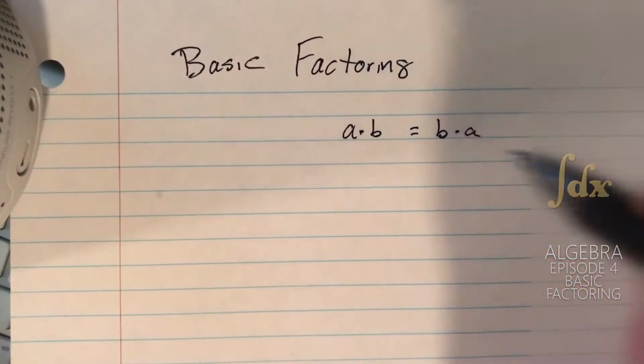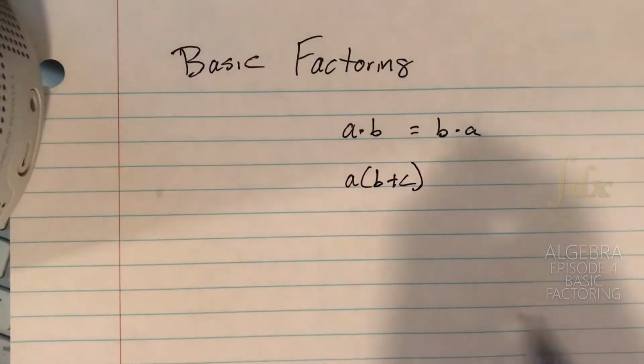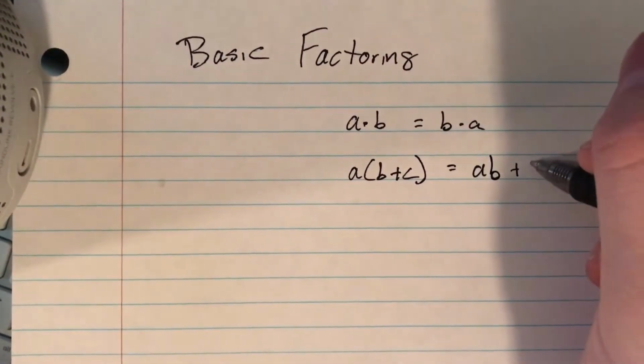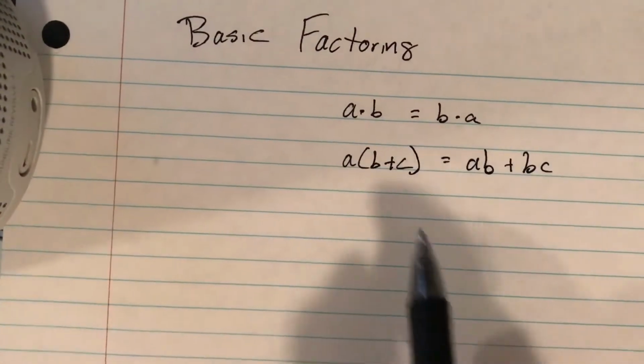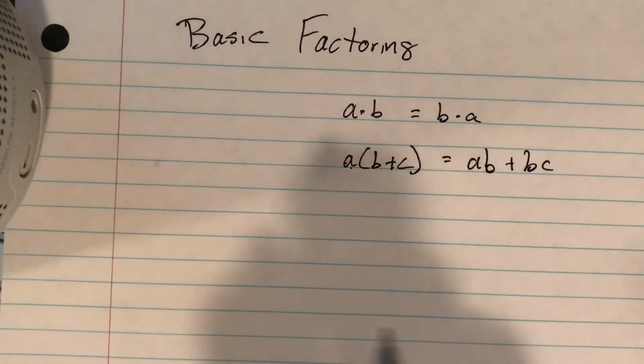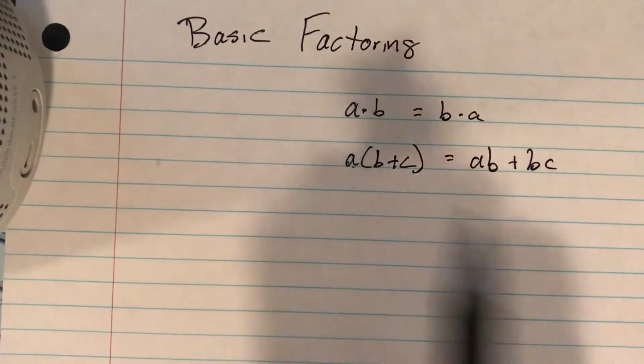The one I'm really concerned about is a times (b plus c) equals ab plus ac. The idea is that if we have something multiplied by something in parentheses, we can distribute the a to both the b and the c.